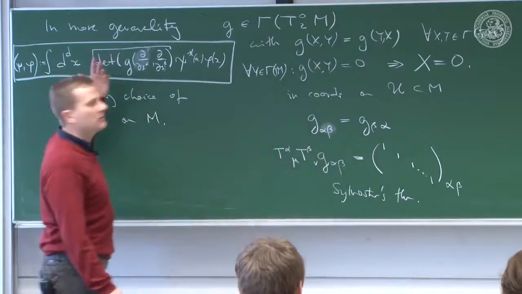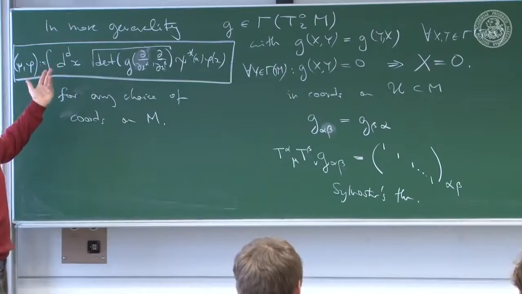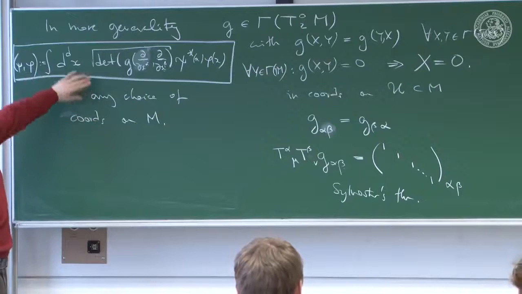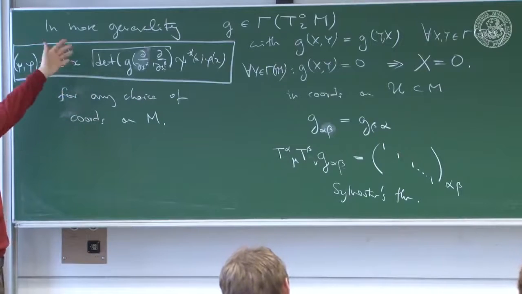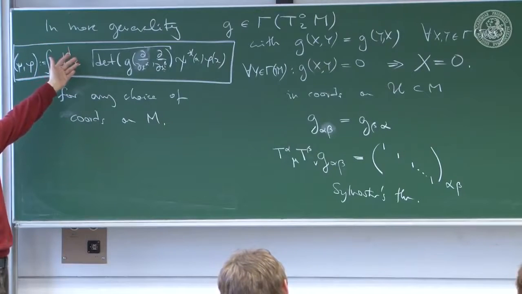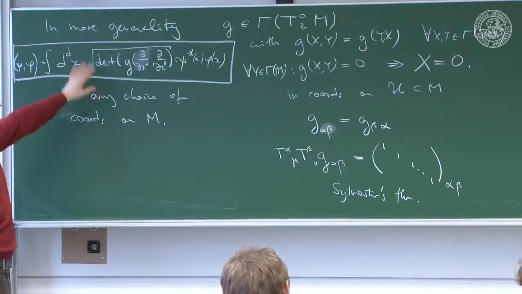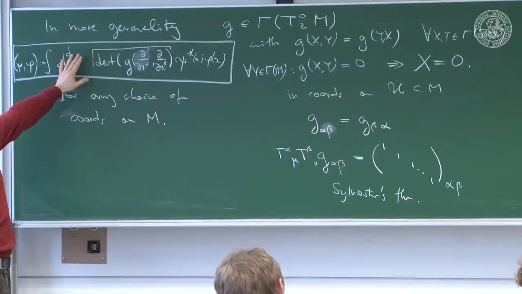Then you come back to the original integral we had. If you change coordinates, you just have a different coordinate representation of the same integral of flat space.